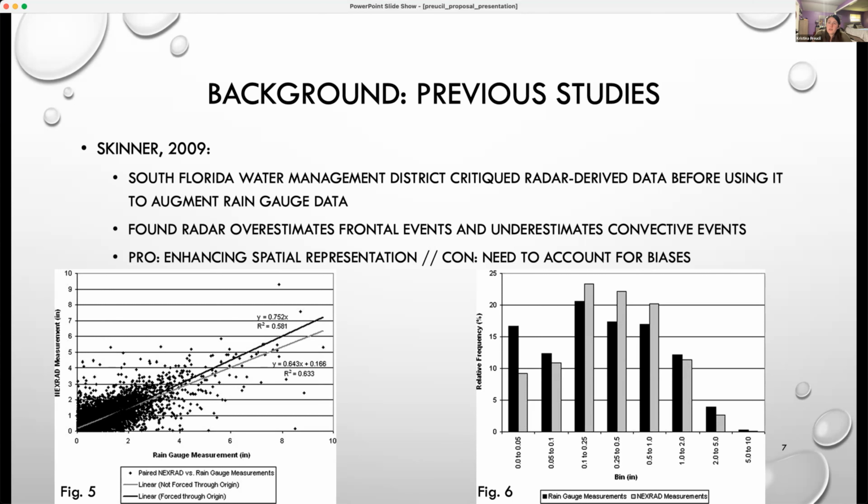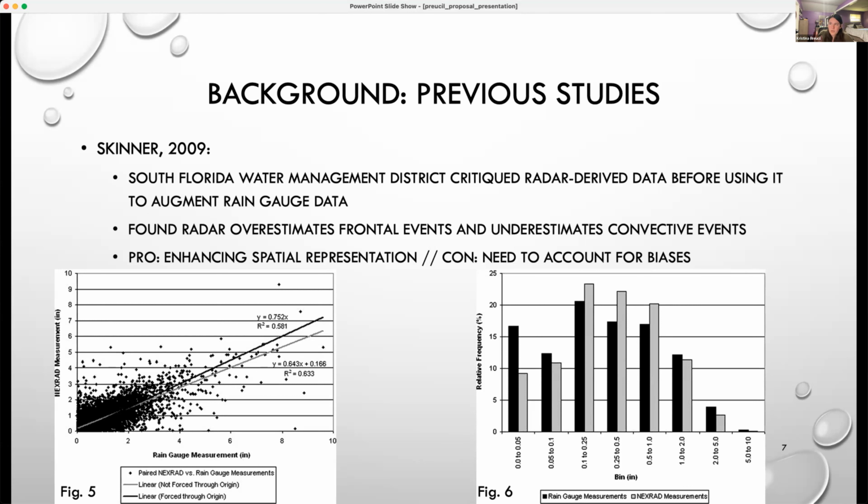And in these figures, on the left is figure 5 from the paper. They plotted the rain gauge measurements in inches versus the NEXRAD measurements in inches. As you can see, they're not a one-to-one comparison. They had to do a little bit of forcing in there. In figure 6 on the right, they were plotting the rainfall ranges.